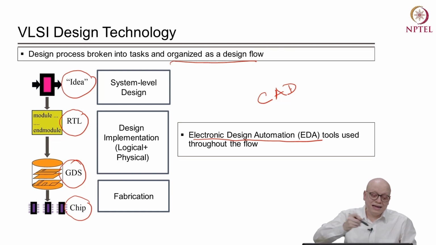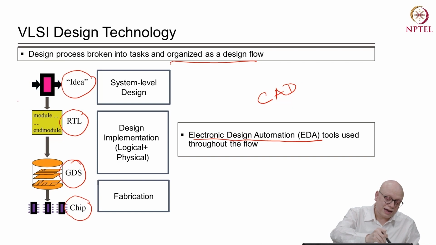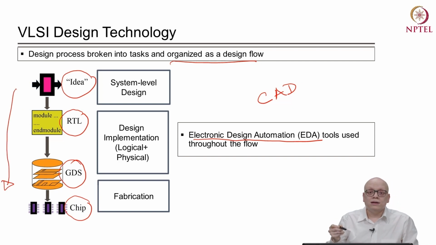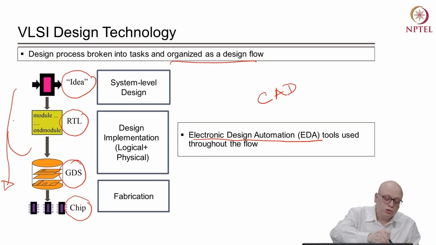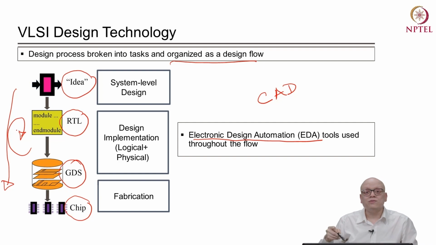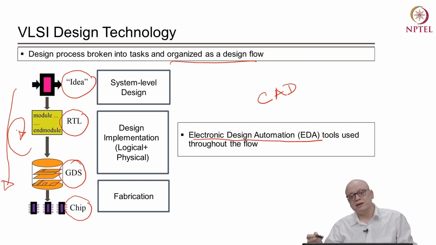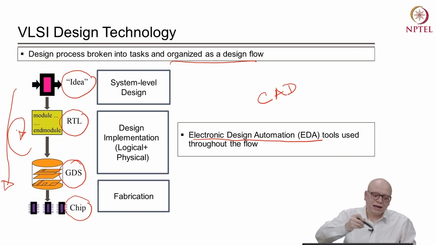So the linear flow of design that I have shown here is actually complicated by lots of loops in this flow, meaning that we modify the inputs and then run the tools again and get the result and carry out such iterations multiple times. So in this course, we'll be looking at all these complications of the design flow.